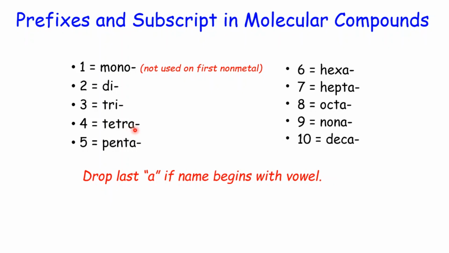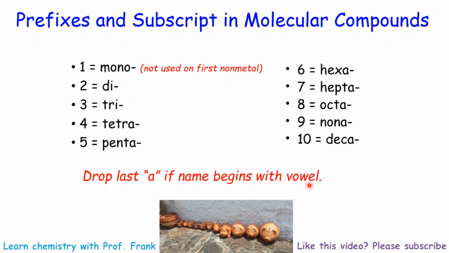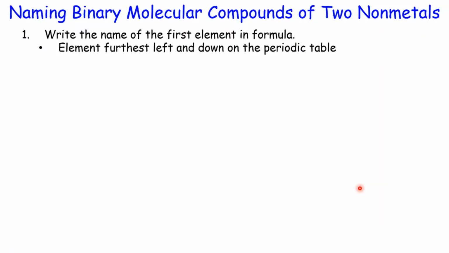We'll drop the last A in tetra and penta if the name of the second element or non-metal begins with a vowel. Okay, so those are the rules for prefixes.